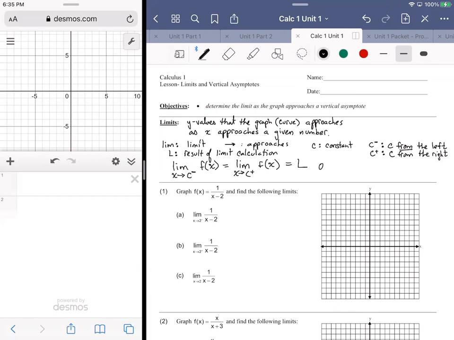Otherwise, the limit does not exist, which we abbreviate with a DNE.